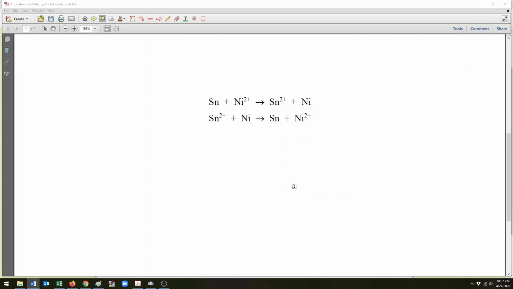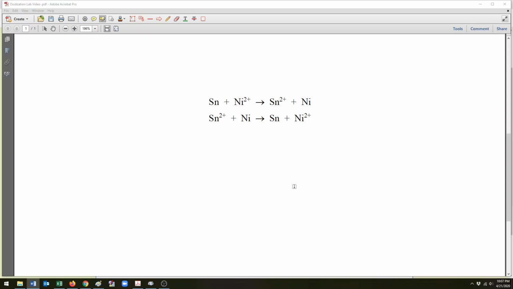So for example, if you look here, you'll see that we have Sn, tin, reacting with nickel. And the first reaction has tin neutral and nickel +2. And the second reaction has tin +2 and nickel is neutral. Now only one of these reactions can actually happen.